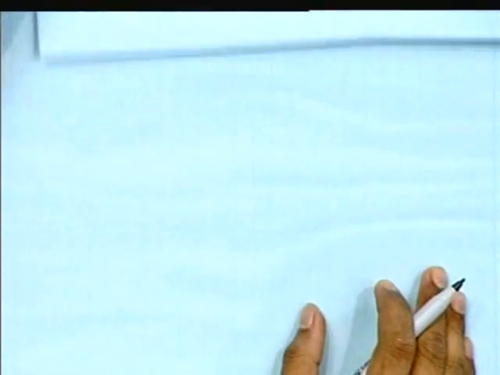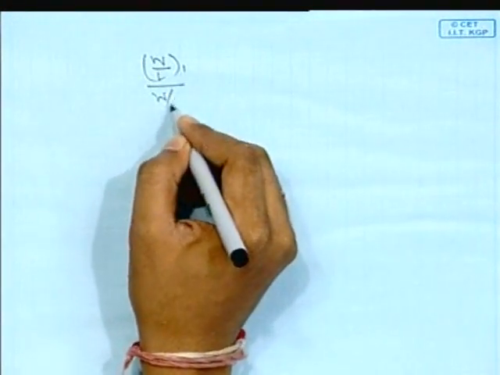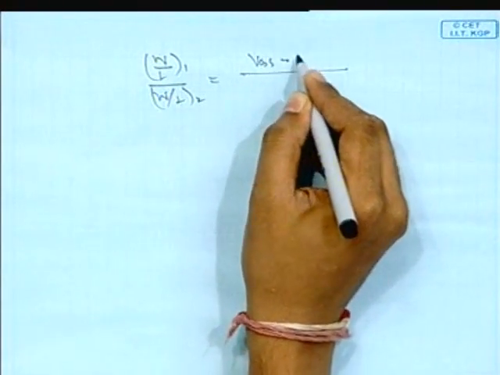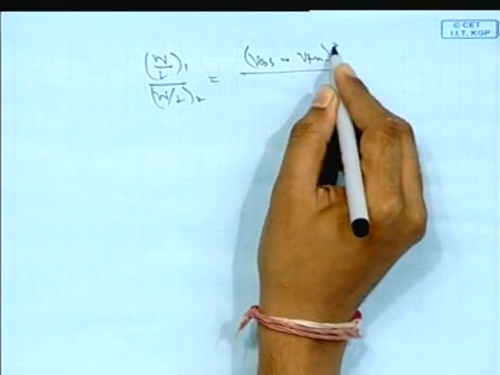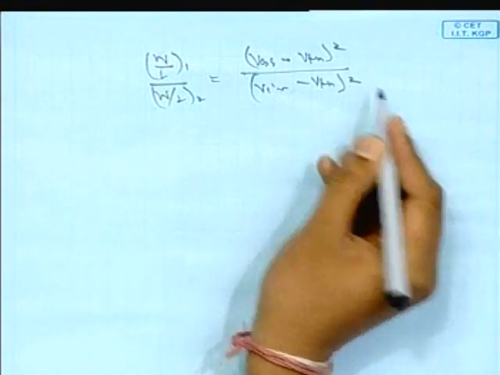Now see what the W by L 1 by W by L 2 ratio will be. It is nothing but VGS2 minus VTH whole square by Vin minus VTH whole square.